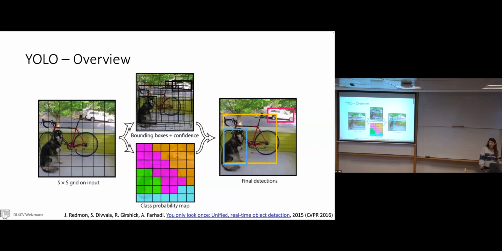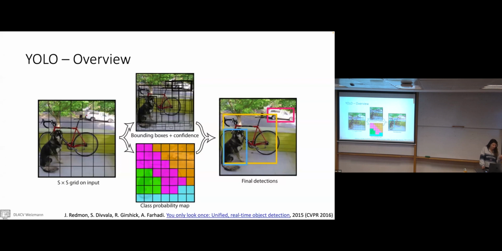The high level idea of this method is that you take the image and split it into an S by S grid of patches. I think they use 7 by 7, similar to what we see here in the image. Then you're going to evaluate two things on this grid. First, each grid cell suggests a corresponding bounding box and the confidence that an object lies in this bounding box.